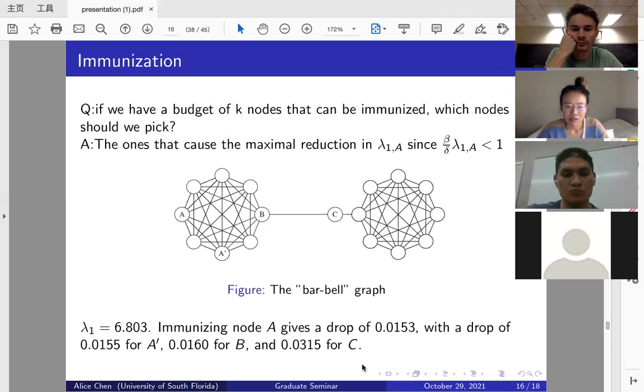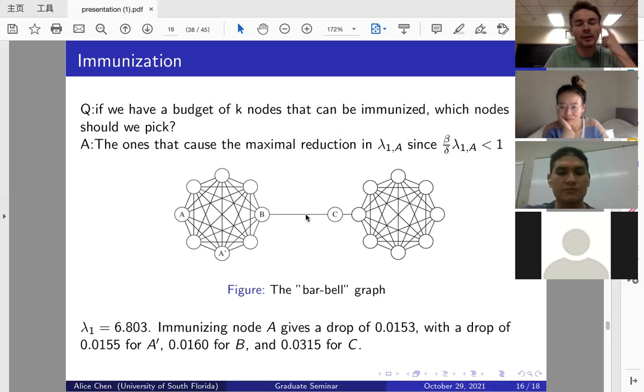For this case, I just calculated, but yeah, these are good questions. Is there any tool we can directly use to show which node is going to give us the maximum reduction? The graph I picked is a little bit tricky, right? It's built so that it does what you want, but it's a good counterexample, because it goes with intuition, but it also shows how intuition can be different in different cases.